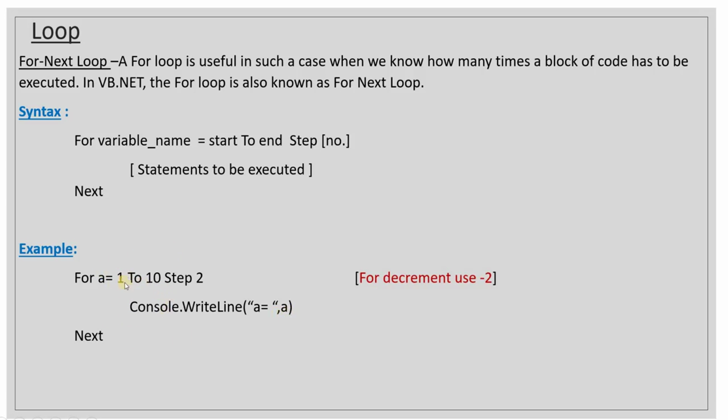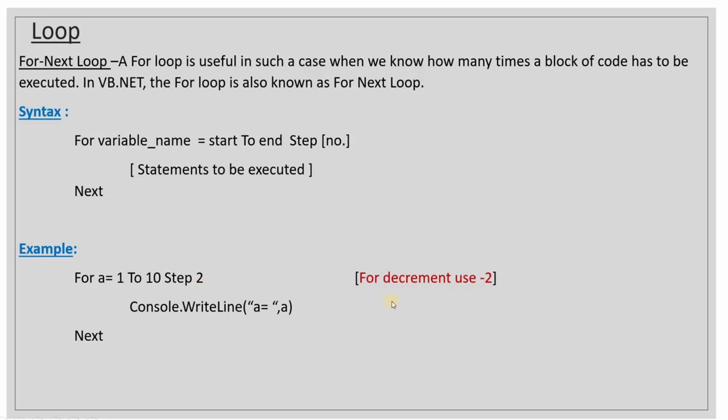It will print the value of a: 1, 3, 5. It means it increases the value by 2. If we write step 1, then it will print 1, 2, 3, 4 up to 10. But here we write step 2. It means it increases the value by 2: 1, then 3, then 5 up to 10.